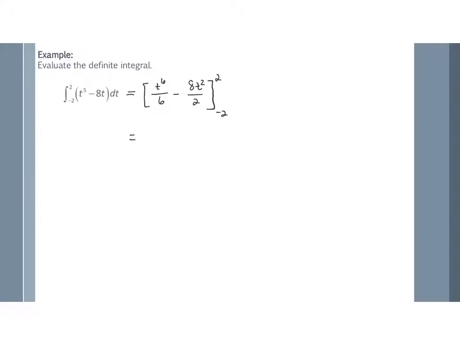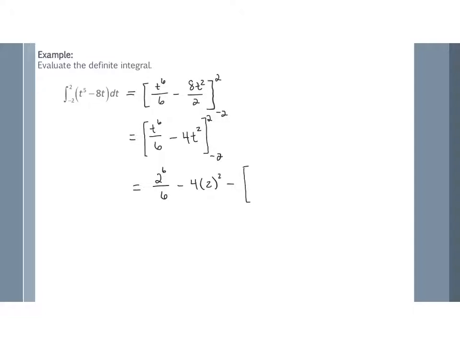So let's simplify. We obtain t to the 6th over 6 minus 4t squared evaluated from negative 2 to 2. And so now, substituting our upper limit of integration in, we get 2 to the 6th over 6 minus 4 times 2 squared minus, and now let's subtract off if we put in our lower limit of integration.